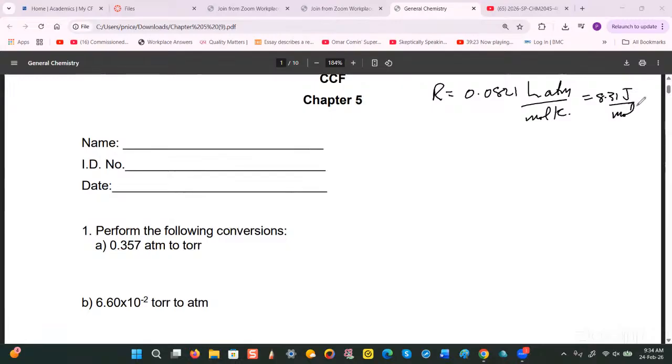So you see here that the numerical value changes because the units change. Whereas here we have liters atmospheres, that is replaced by joules, and therefore, numerically speaking, there's a transformation from 0.0821 to 8.31. For the most part, we'll be using this value, but later on in this chapter, you'll see where you'd have to use the other one.